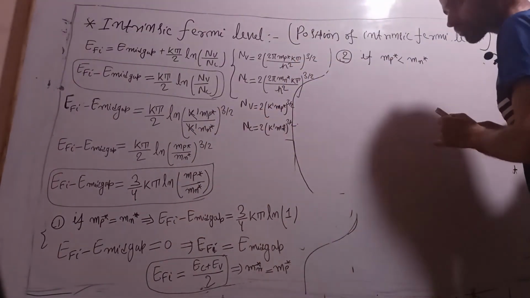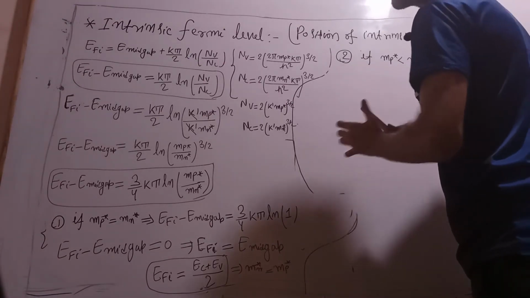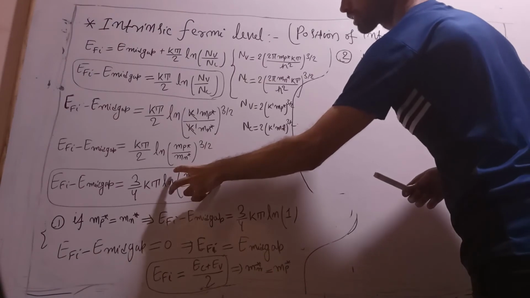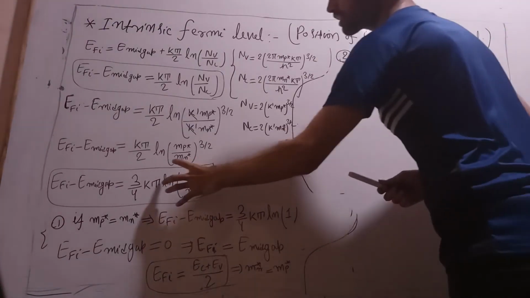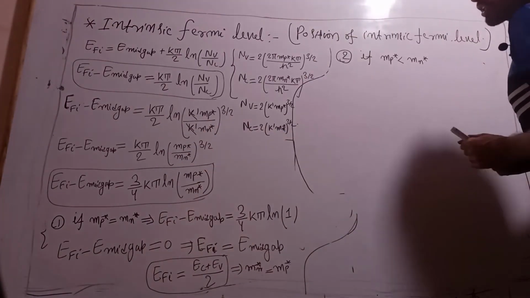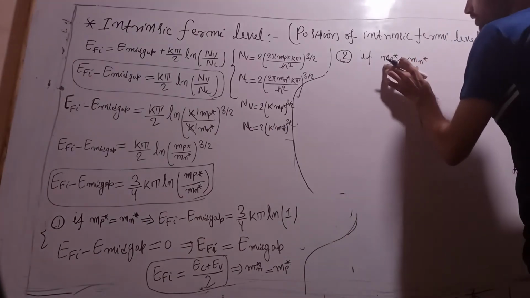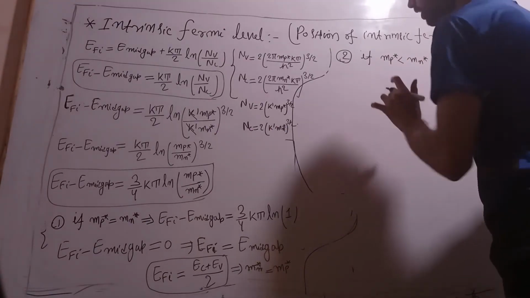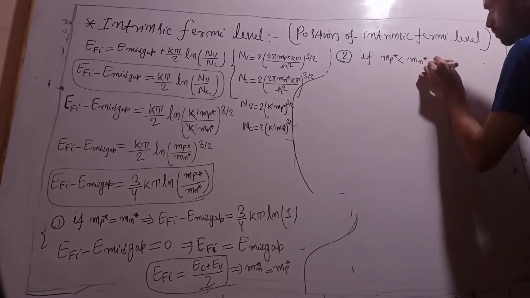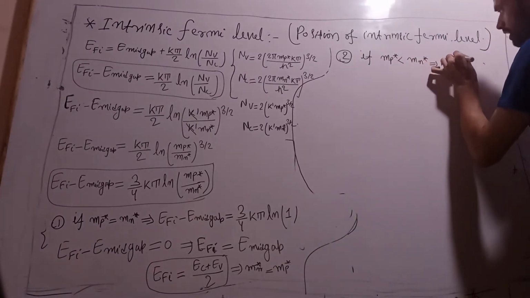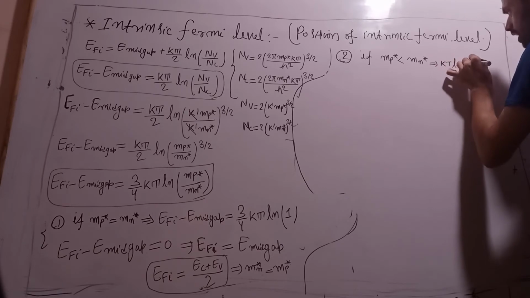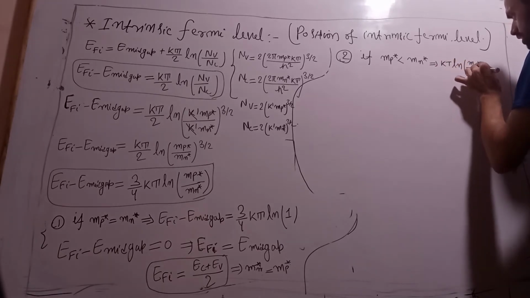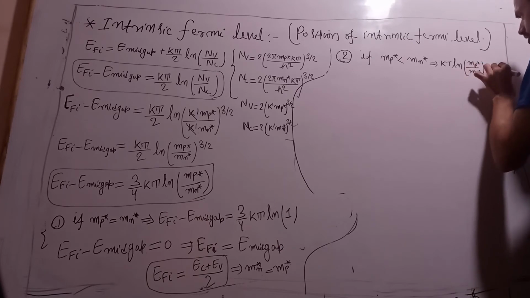Then this value will come negative, less than 0. So when mp star is less than mn star, which implies kT ln of mp star divided by mn star is less than 0.